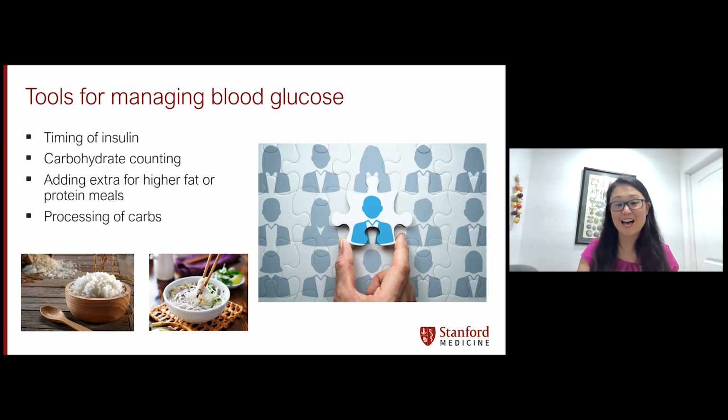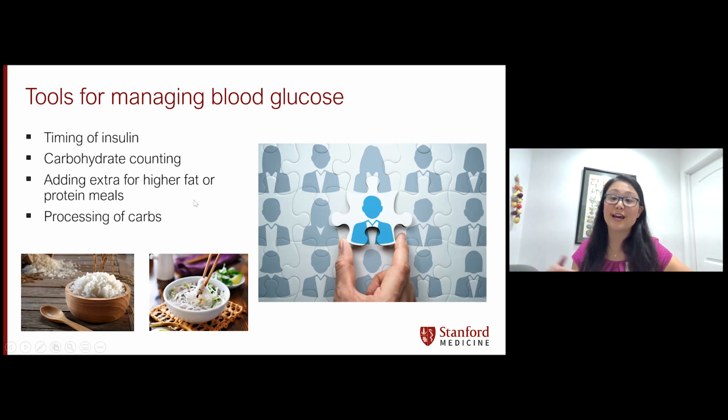For example, in this slide, I just put a bowl of rice and then I put rice noodles. So rice noodles are made from rice flour, and so they're more processed, and then they're recooked, rehydrated. And so actually rice noodles are going to raise blood sugar higher and faster than even a bowl of just white rice. So that's something to note, that the foods that you eat will have a different blood sugar raising effect.